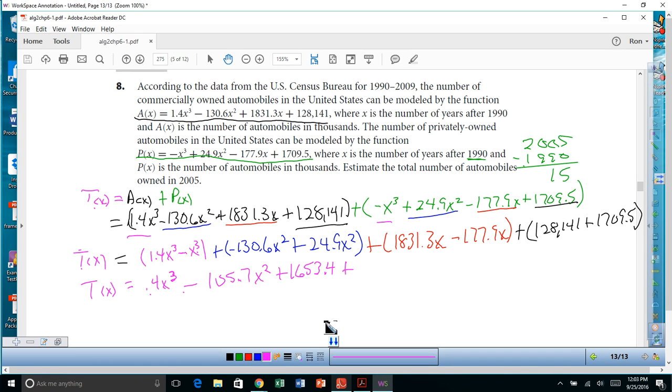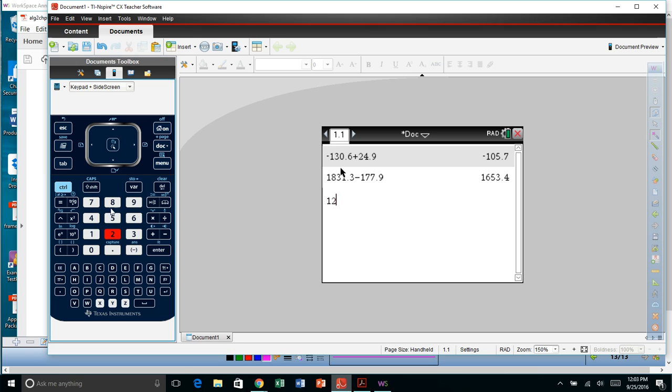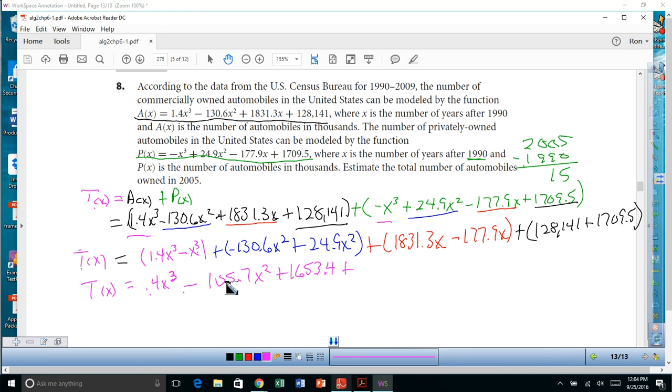Plus 128,141 plus 1709.5, which is 129,850.5. All right, good.